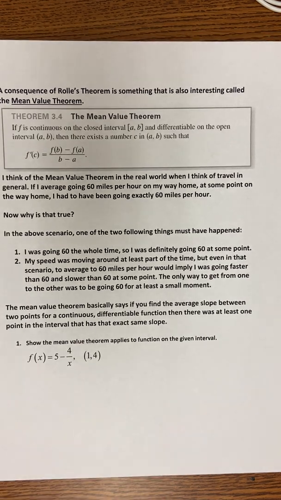But again, the consequence of Rolle's theorem is something called the mean value theorem, and it says if f is continuous on the closed interval AB and differentiable everywhere but the endpoints, there exists a number c such that the derivative at that number is exactly equal to f of b minus f of a over b minus a, which is the average slope between points A and B. They're basically saying that at some point between these two, you have to hit the exact average slope.